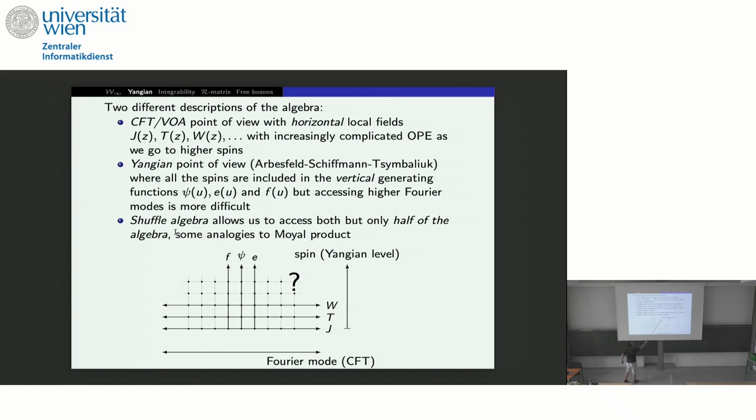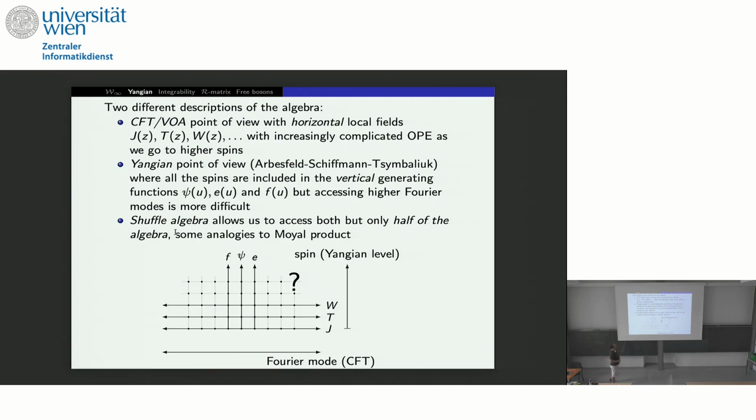The spin runs from 1 to infinity, as I said at the beginning, while the Fourier mode runs from minus infinity to infinity. That's the usual Fourier mode along the cylinder or circle. The usual CFT description in terms of operator product expansions introduces generating functions in this horizontal direction, so we sum over all Fourier modes, and that's how we get our local fields in CFT.